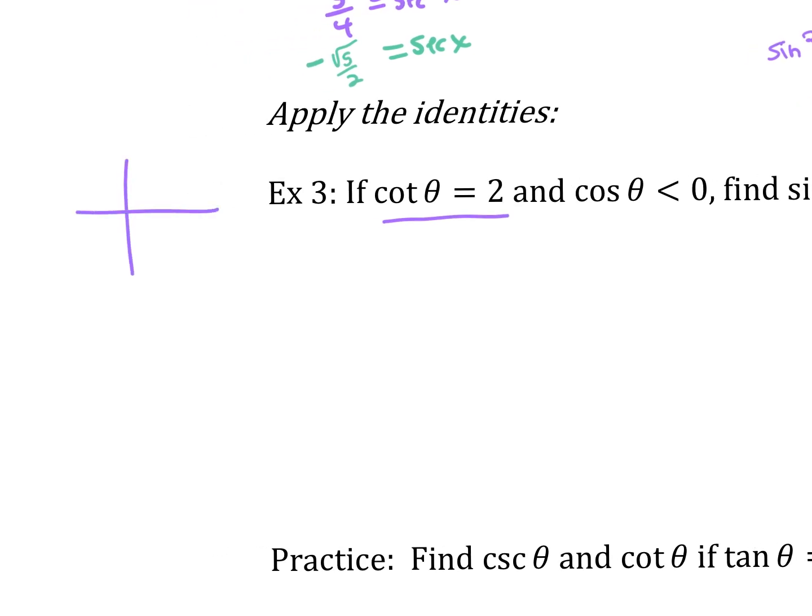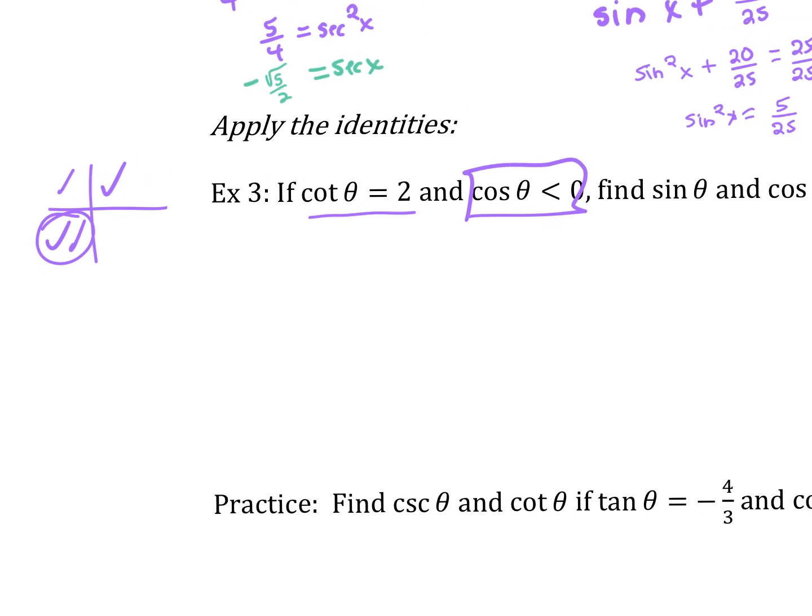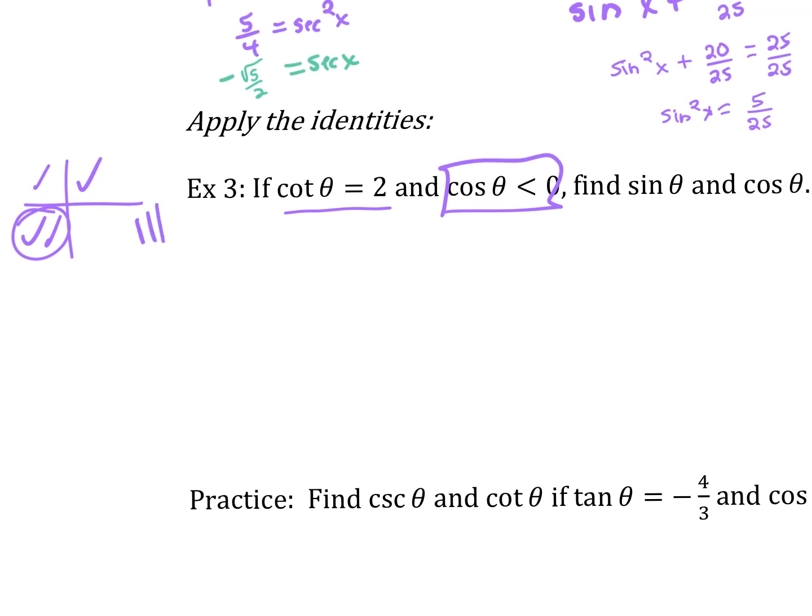JR, where is cotangent positive? 1 and 3. There you go, good, you got it. And this is saying that cosine is negative. Larry, where is cosine negative? 2 and 3. And so we are talking about quadrant 3.